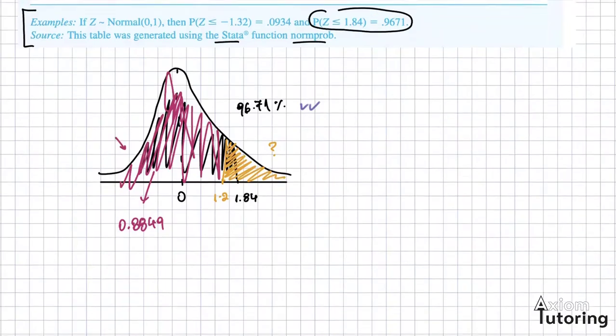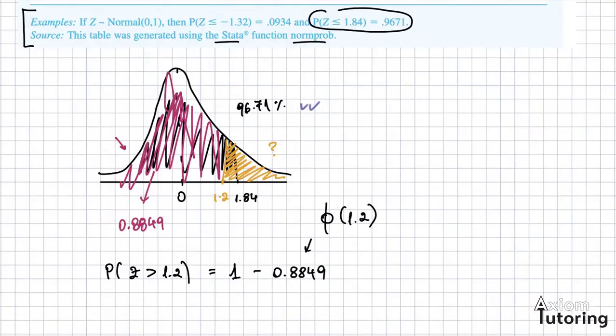Which means, well, the probability of seeing something that is actually bigger than 1.2 is going to be the probability that I see everything minus the probability that I don't see what I need, which is the 0.8849, or we would have written it as the psi of 1.2. Okay, so everything accumulated up until 1.2.